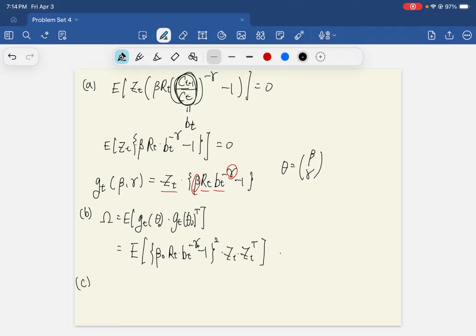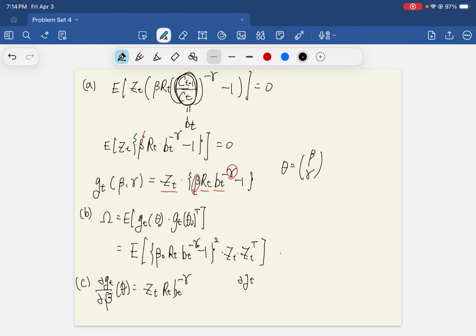And now, let's differentiate the moment function. Let me just do it one by one. I'm going to differentiate with respect to beta first, which is easy, right? It is simply z_t times R_t B_t to the minus gamma. Beta is here, so you are going to differentiate with respect to that.